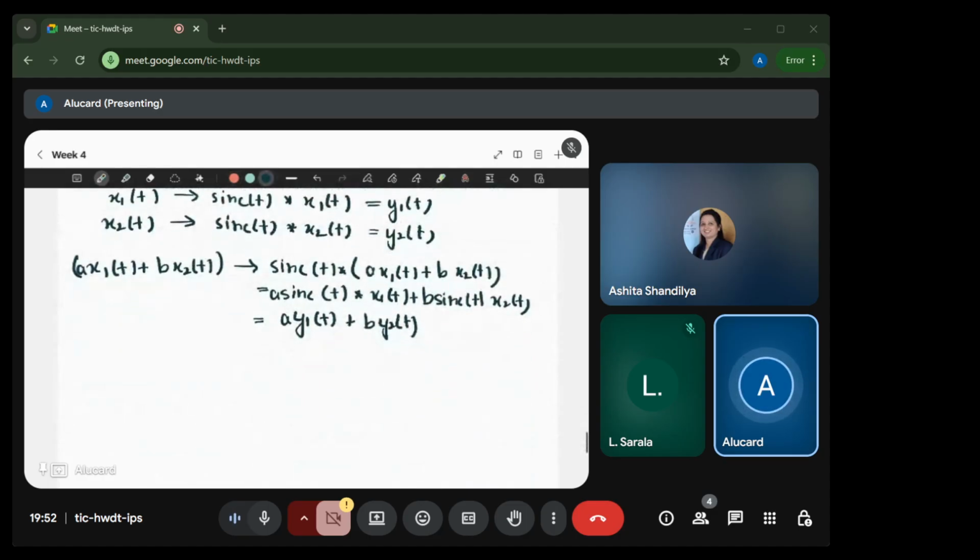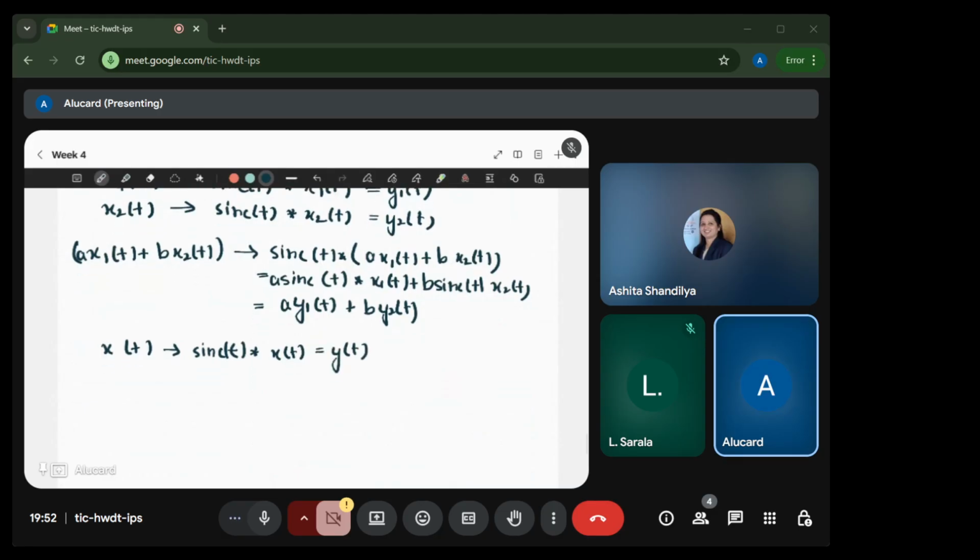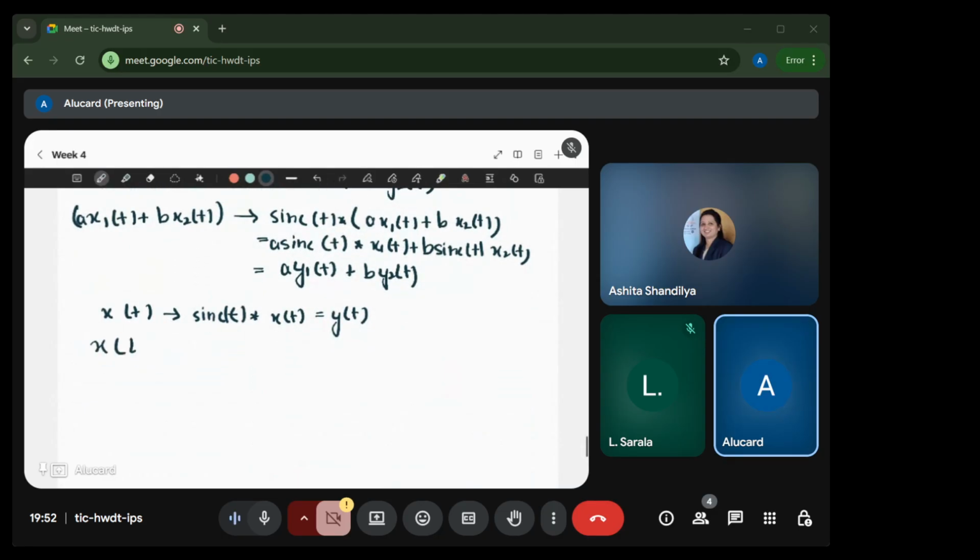Now if you give x of t, the output is sinc t times x of t. Let's call it y of t. If you give the input x of t minus t0, let's do it in two steps.